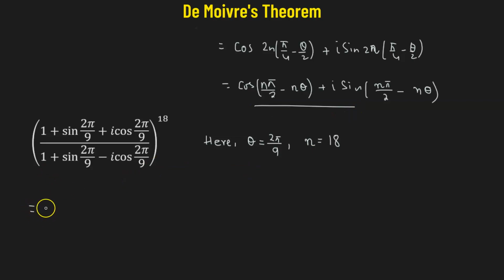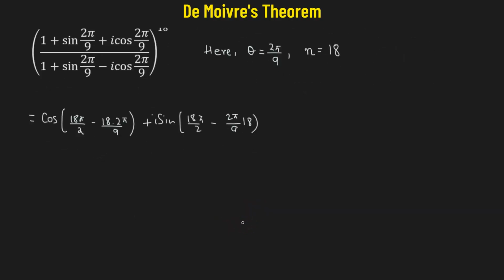This will now become cosine of n pi over 2, so n is 18, 18 pi over 2, minus n times theta, which is 18 times 2 pi over 9, plus iota times sine of 18 pi over 2 minus n theta, which is 18 times 2 pi over 9.